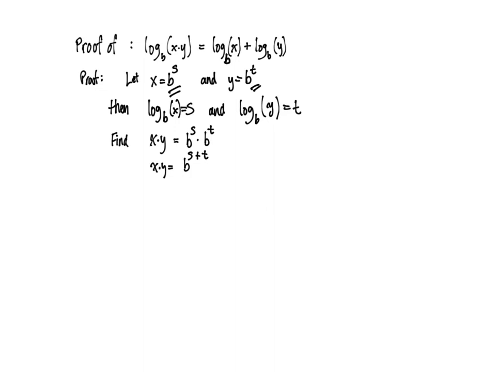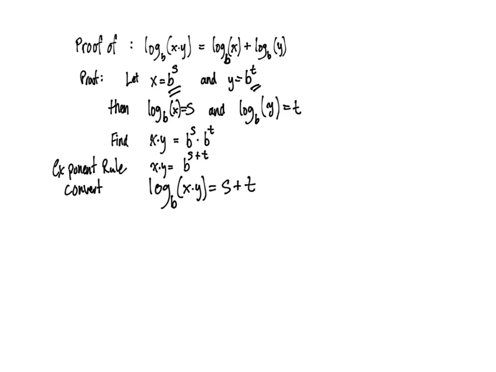Now, let's convert this expression back into log form. So what would that look like in log form? This is our exponential rule, adding the s plus t. So the log form is log base b of x times y equals s plus t. But wait a second, we already know what s plus t is.